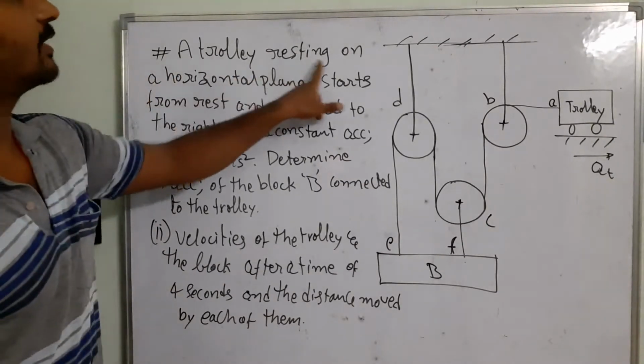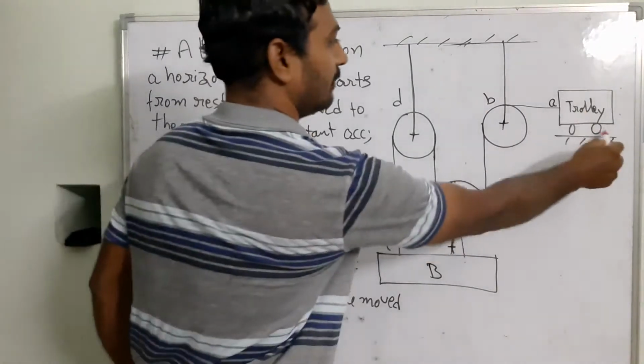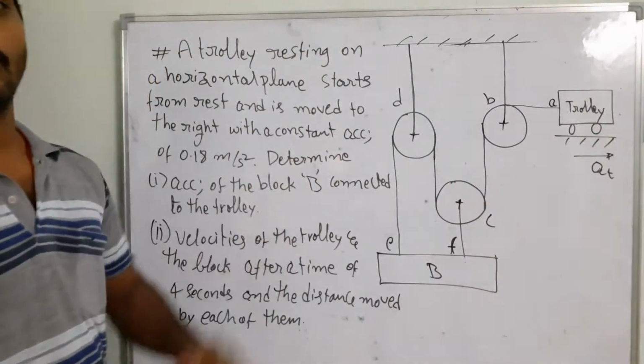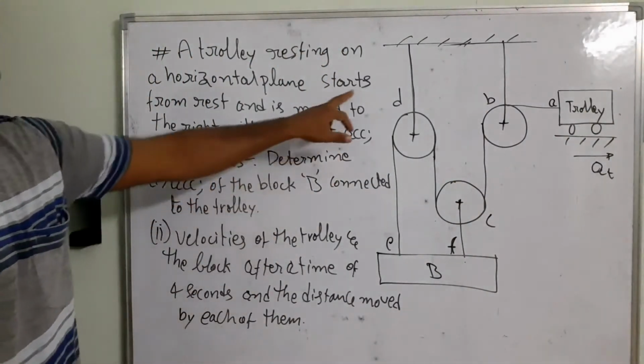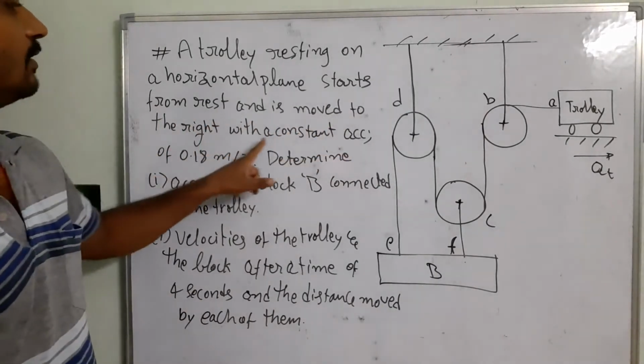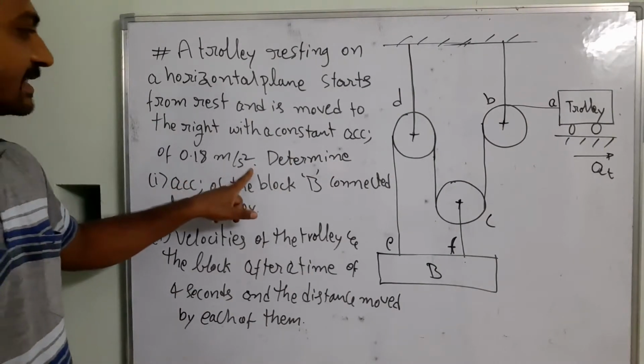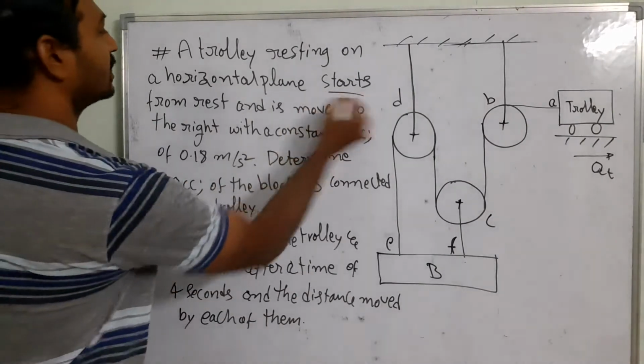A trolley resting on a horizontal plane starts from rest and is moved to the right with a constant acceleration of 0.18 meters per second square. So it starts from rest.